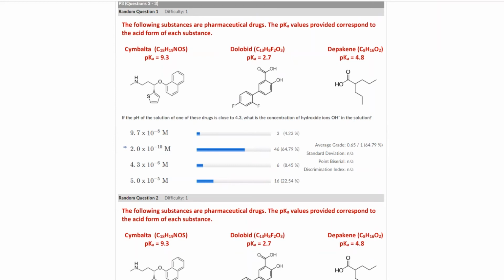Okay. And we know that pH is equal to minus log H3O plus concentration. Let's say H plus concentration.